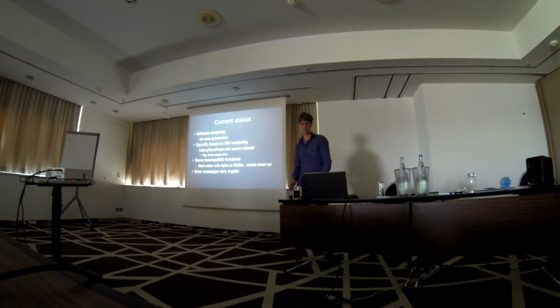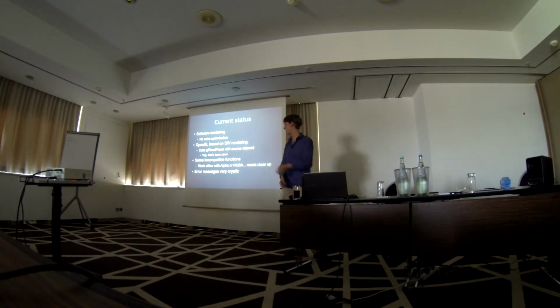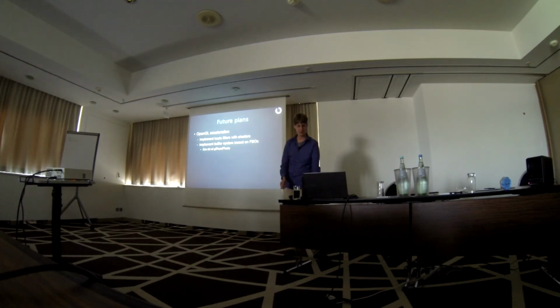So there will be a lot of work that I will have to do about that. I have some errors and some functions don't really work with all buffers. So first thing I would like to do is working on the OpenGL acceleration, which means implementing blur and all the basic functions in OpenGL with shaders.